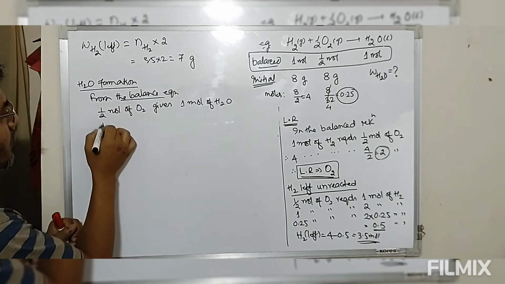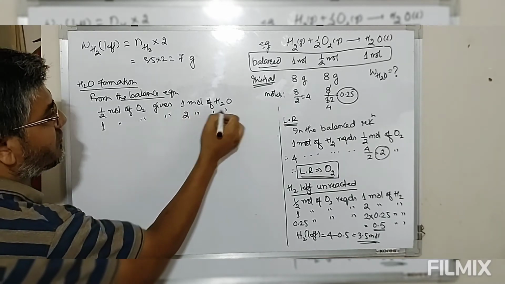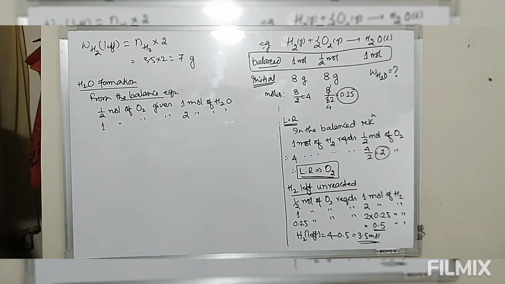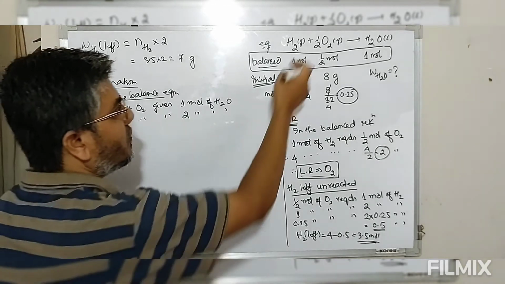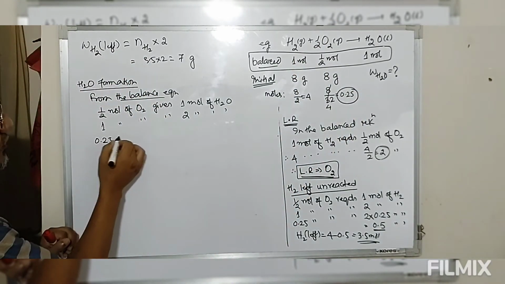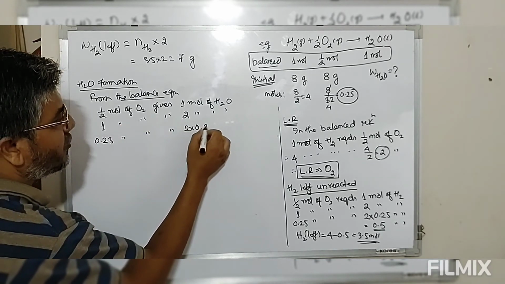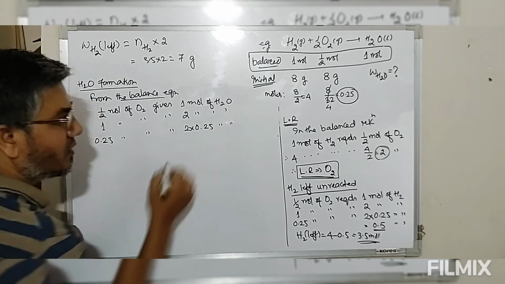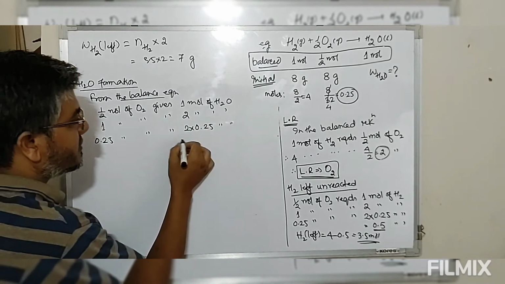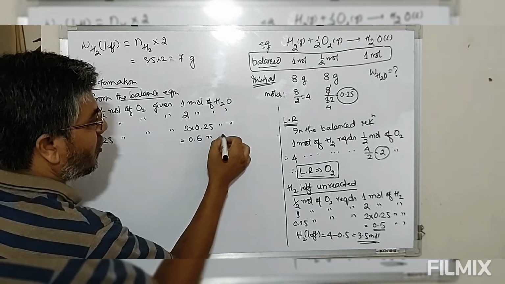So therefore 1 mole of oxygen will give how many? 2 moles of water. Now the actual number of moles of oxygen reacted is 0.25. So therefore 0.25 moles of oxygen will give 2 into 0.25 moles of water. So this gives you 0.5 moles of water.